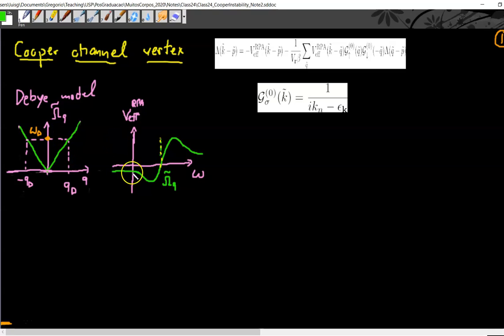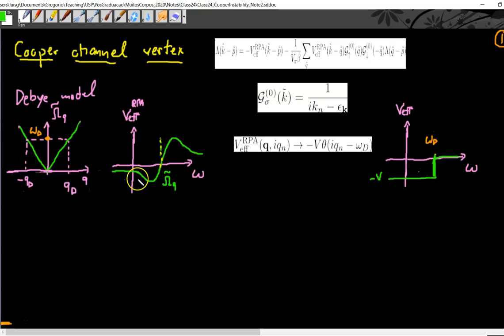So that justifies replacing omega tilde Q by its value at the Debye frequency. So what I'm arguing is that replacing this with this, a step function right at the Debye frequency, is reasonable. It's quite a drastic simplification, but it keeps the main ingredients of my model.